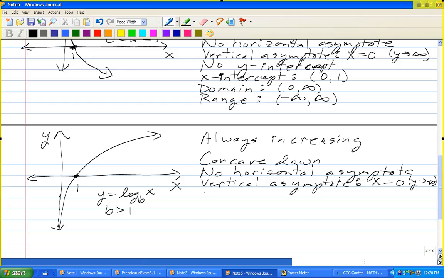No y-intercept. The x-intercept is the same, (1, 0).